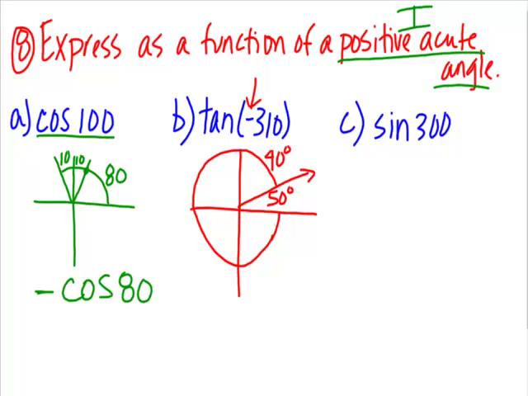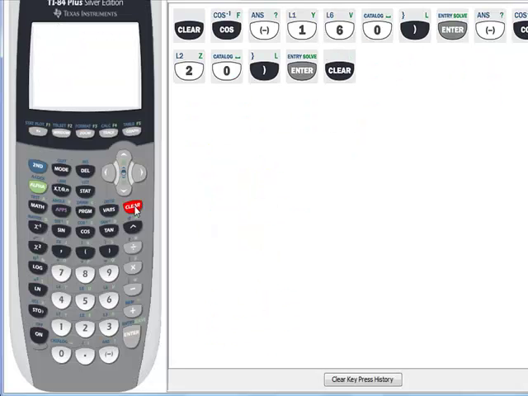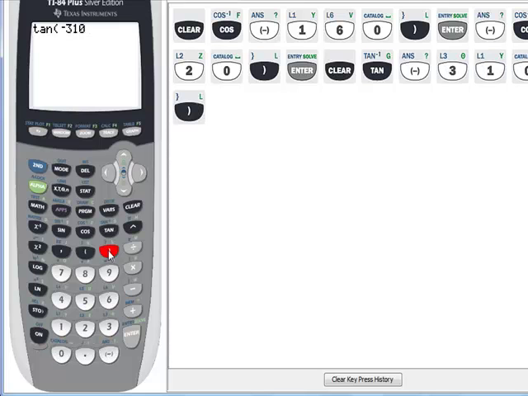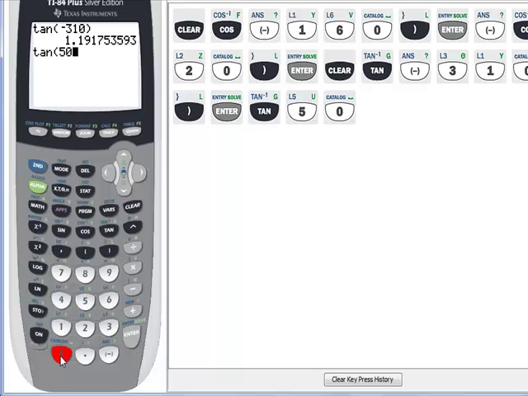Now there's good news here, and the good news is that this actually landed me in quadrant 1. So it's a fact then that the tan of negative 310 should be equal to the tan of 50. And I am going to check that to make sure. So the tangent of negative 310, I'm going to hit enter, should be the same as the tangent of 50. Hit enter. And sure enough it is.